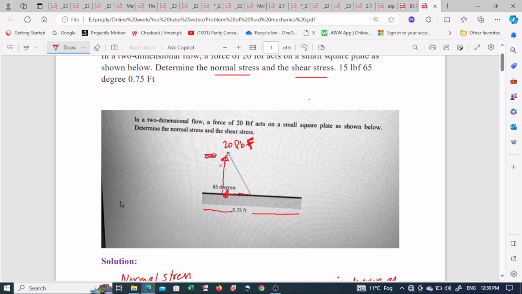You can see that the y component, that is the sine component, is 20 sine 65 degree, because this angle is 65 degree. So when we find the normal stress, we use this force, 20 sine of 65.